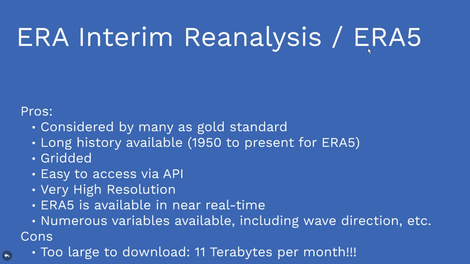ERA 5 is also higher resolution. The weather models have been updated. ERA Interim Reanalysis data is 10 years old at this point, whereas ERA 5 is state of the art. And it's also accessible by an API. Just going through these bullets, it is the gold standard. The history goes all the way back to 1950 to present. It's gridded, and there's an API that we can use.